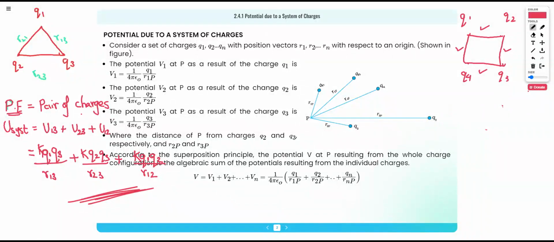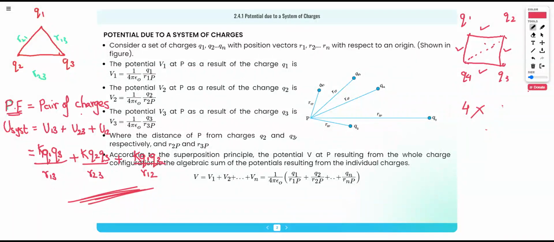We are considering pairs Q1 Q2, Q2 Q3, Q1 Q4. If you are thinking that the answer is 4, you are wrong. Why? Check the diagonal.